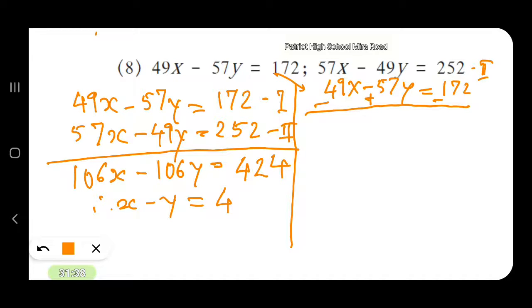So 57 minus 49 will give you 8x. 8x plus 8y is equal to 80. Therefore, x plus y is equal to 10.